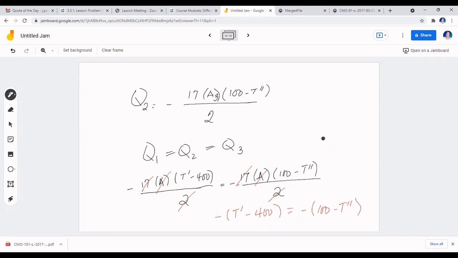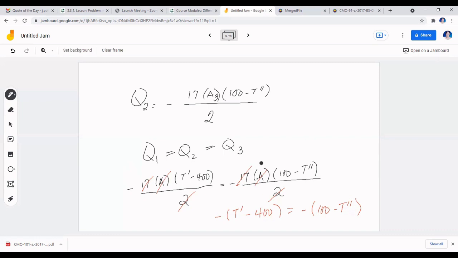So I started with the principle that the amount of heat transferred from one metal will be equal through the composite metal. So you have Q1, Q2, and Q3 being equal. So in this case here, I've equated Q1 and Q2. So I canceled the 17, I canceled the 2s, I canceled the areas because we're talking of the same cross-sectional area in which we are to determine the amount of heat that is transferred through our composite material.